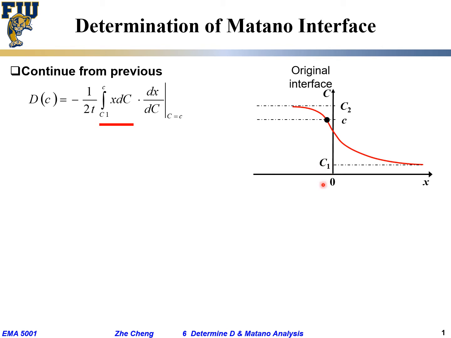If I have initial coordinate at here, x from here to here times a small dc, okay, add up. And going which way? Integration is going up or right? Your typical integration is going towards right, but here, because we are doing dc, c goes that way, this integration we are going up from C1 all the way to C, right?